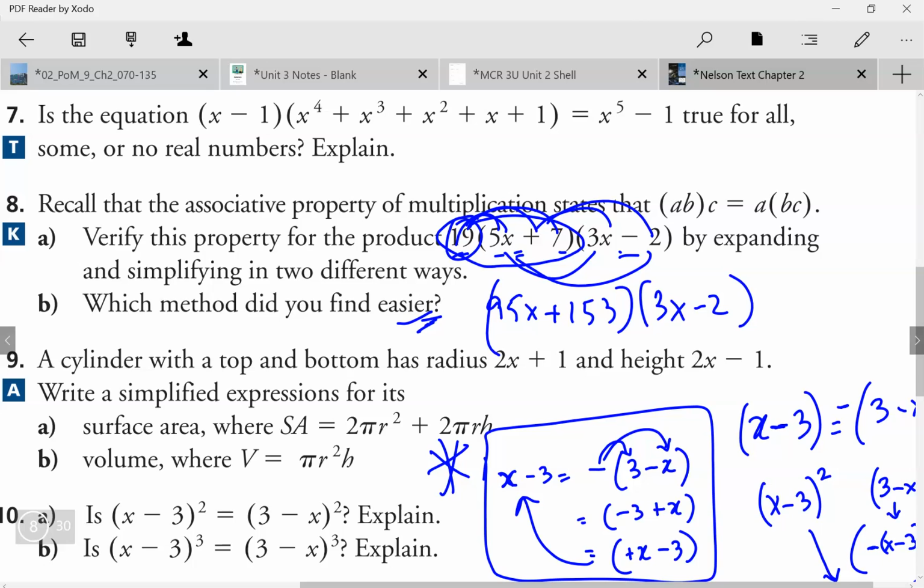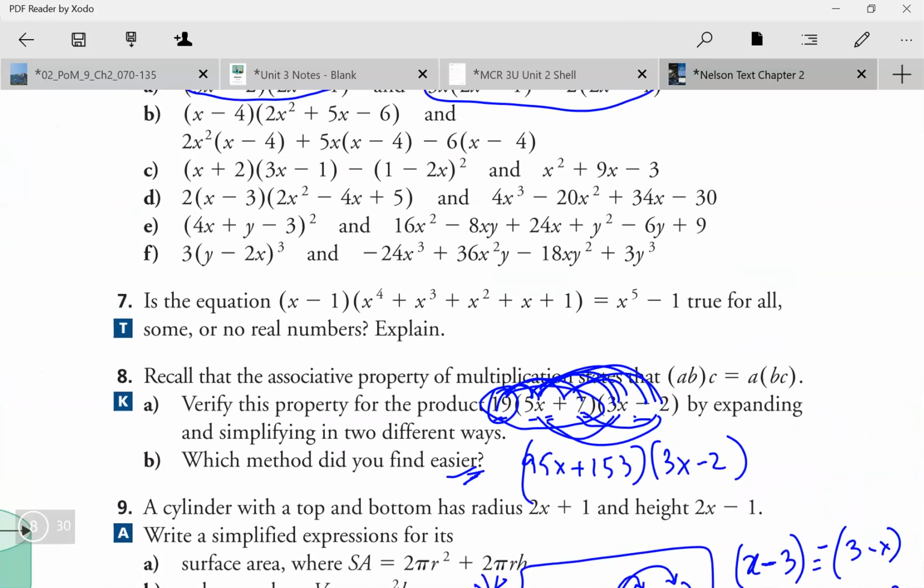It's not the end of the world with the calculator, but again, bigger numbers are more annoying generally. So I would do the 5x times 3x is 15x squared, negative 10x plus 21x minus 14. Simplify like terms first in that bracket, and then multiply the 3 terms by 19. So hopefully you're doing that properly.